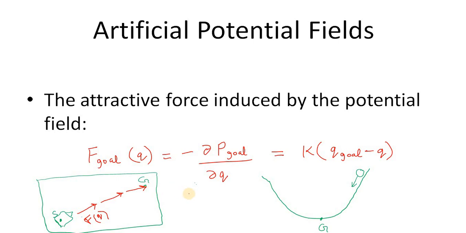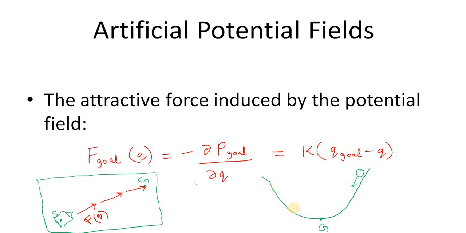But in the virtual, because this force in reality does not exist, okay? This is not like a gravitational force or magnetic force or electrical force. This is a virtually or artificially created force. How did we create it?